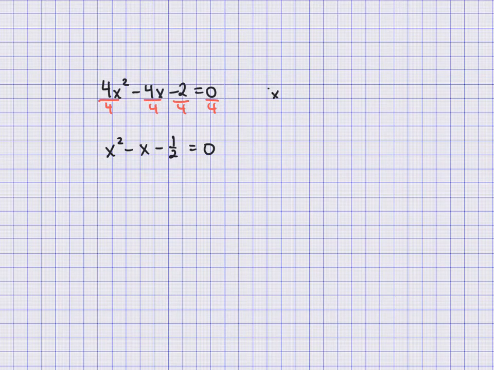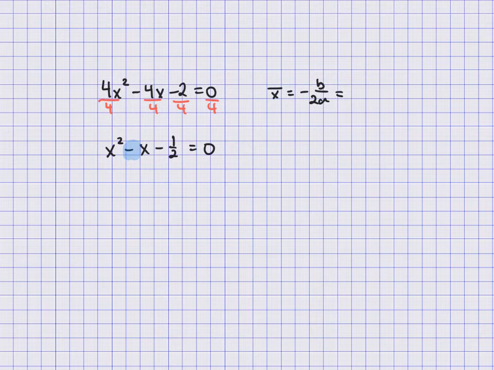Now we need to find x bar, and x bar is equal to, again, negative b over 2a. And we're not going with the original values, we're going with our new values, right? So our b is negative 1.